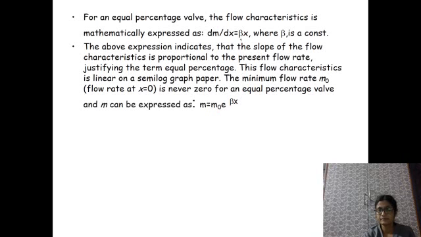Beta is the constant of this slope obtained from the slope dm/dx. So this is the exponential relationship of the controller output, where m0 is the initial minimum flow rate, even when the stem position x equals 0.